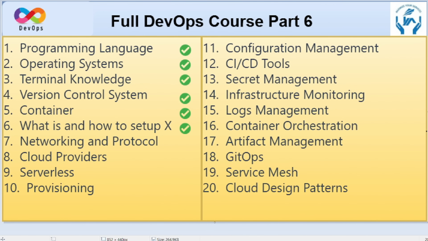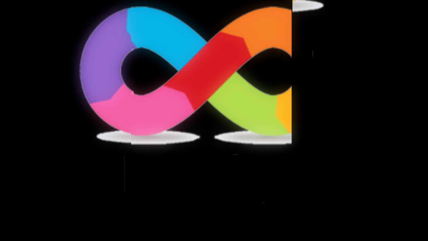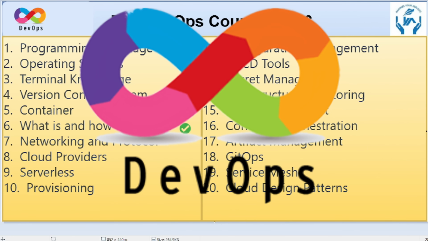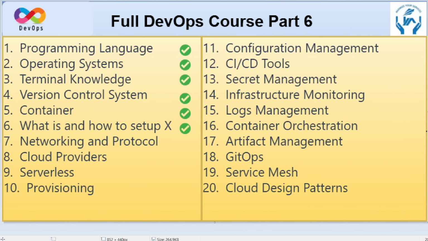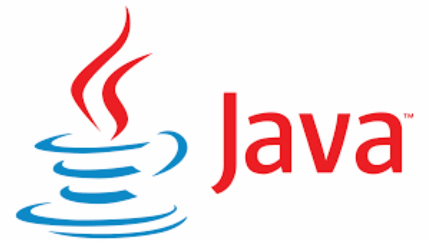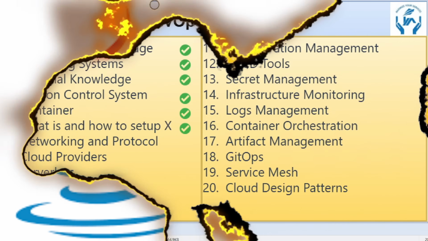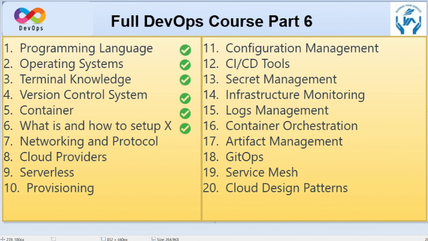Here we are going to start with part 6 of our DevOps series, and let me recall what we have covered. In all the sessions so far, we have covered programming languages. We have been using Java as a core language, and for front end we are going with Angular, and we are also using some basic languages like JavaScript, HTML, and CSS wherever possible.